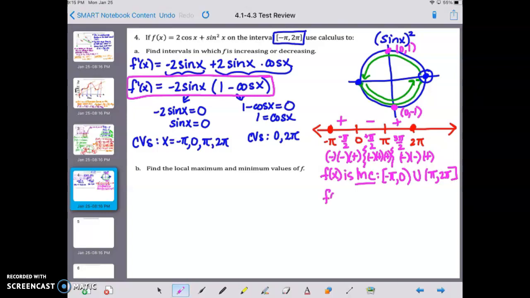And then f of x is decreasing in the middle there, on the interval from 0 to pi. So this is the answer to part A.